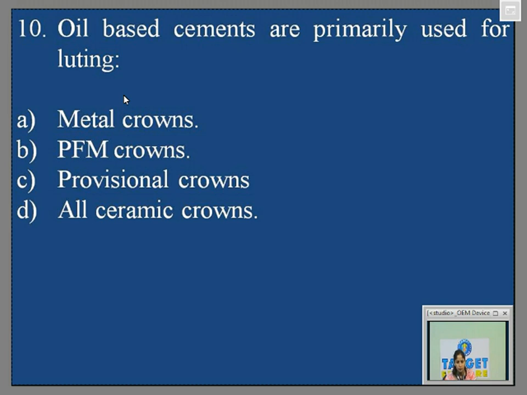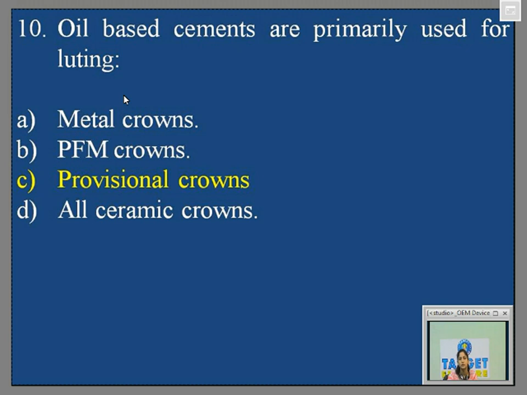Oil-based cements are primarily used for luting your provisional crowns. Okay. So what are these oil-based cements? Here they are basically talking about your zinc oxide eugenol-based cements. Rest, for the metal crowns, for your PFM crowns, for your all ceramic crowns, you can use your water-based cements.